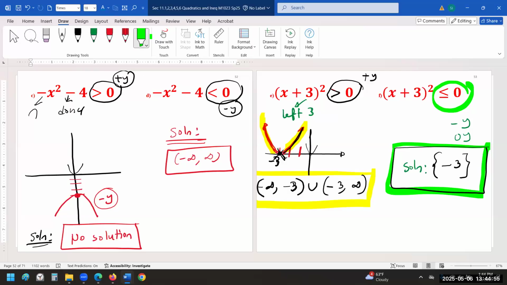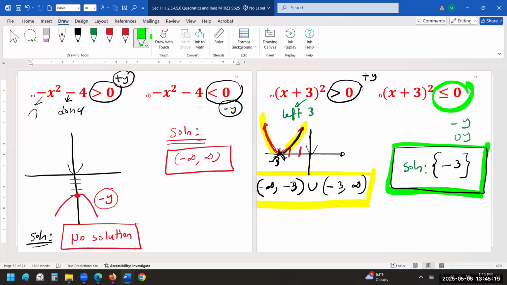Starting from here, which type of y you're looking for? Less than 0 means -y. And equal 0 means 0y, right? Where y is 0 or y is negative. So y is negative. Do you see any y value in your graph which is negative? No, because it's lying entirely above the x-axis.